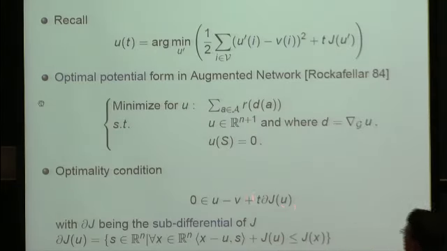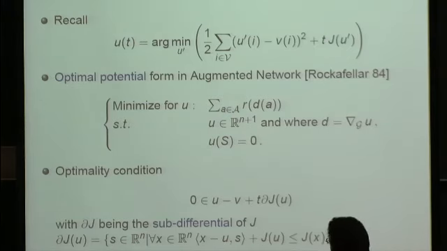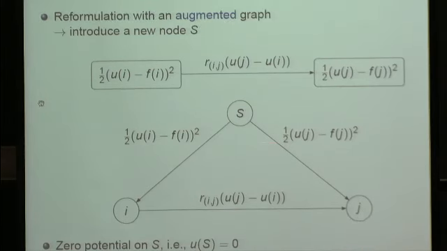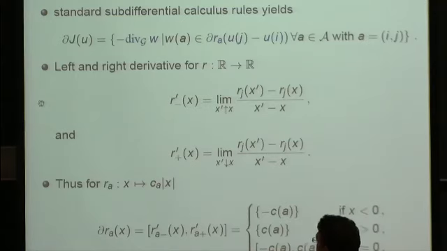Now I need to express the subgradient in terms of a graph. To be clear, here I have a graphical representation of the energy. Now I want to go to a graphical representation of the optimality condition, so in terms of subgradients.